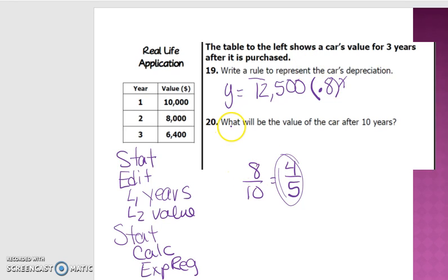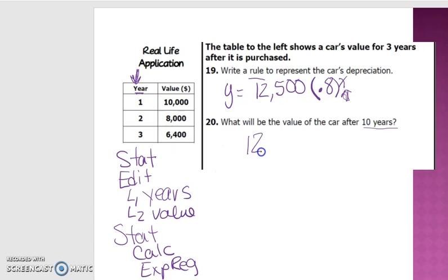Now, what they want for number 20 is what will be the value of the car after 10 years. Now, where do you think I need to put the 10? The 10 should go in the exponent. Okay? X is representing years. Okay? So right here in our table, we notice the X value is the year. Okay?